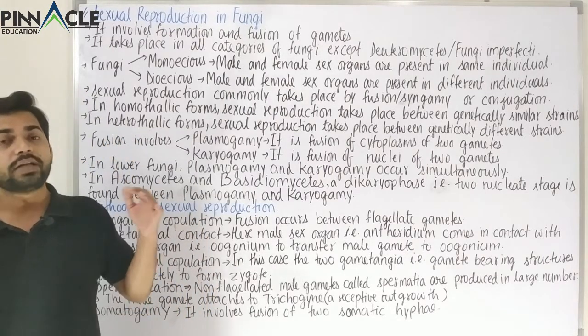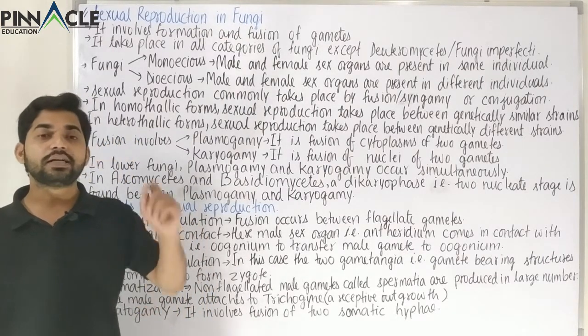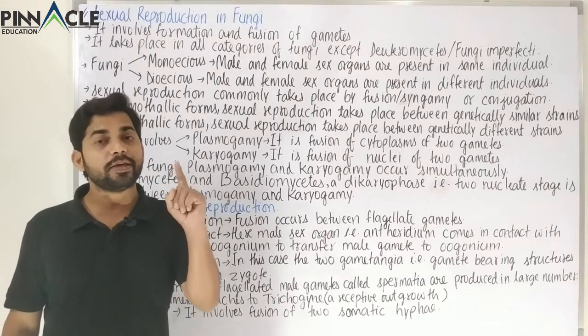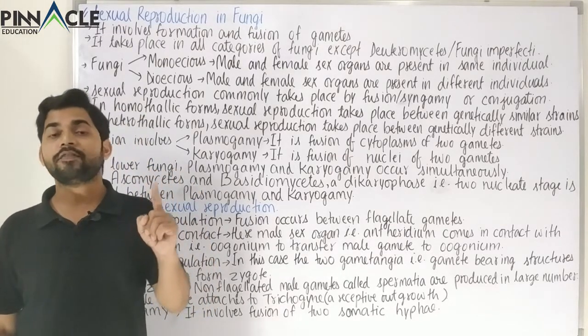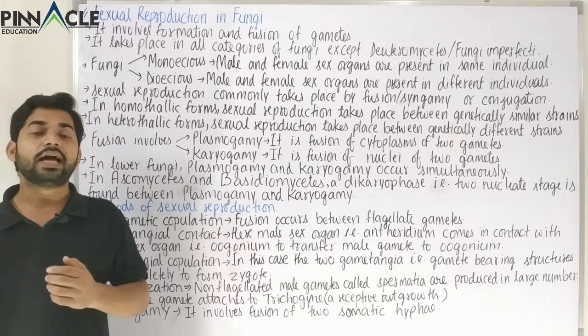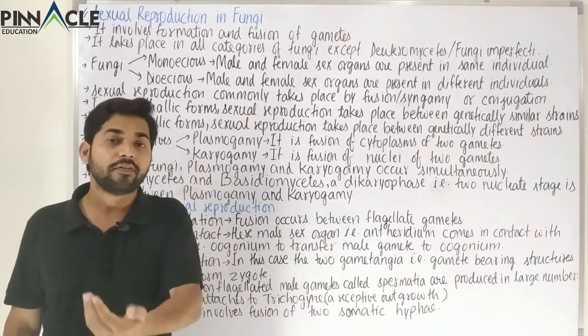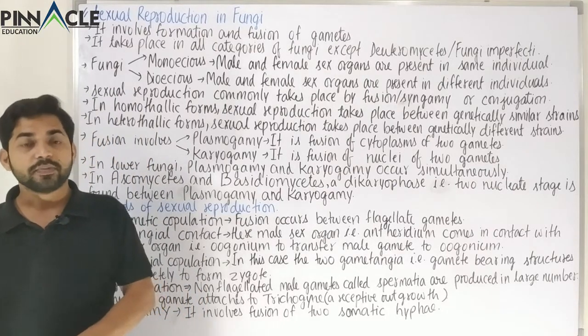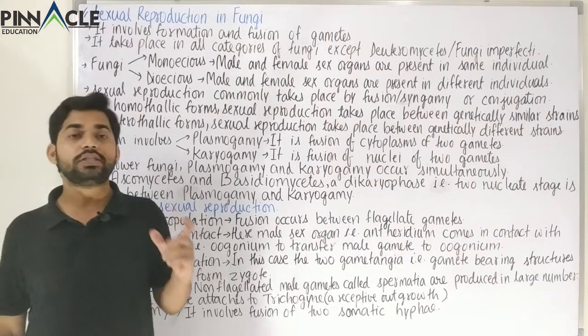But in the case of dioecious, we observe that a single individual will either be male, that is it will have male sex organs, or an individual will be female, that is it will have female sex organs. So this is the difference between monoecious and dioecious.